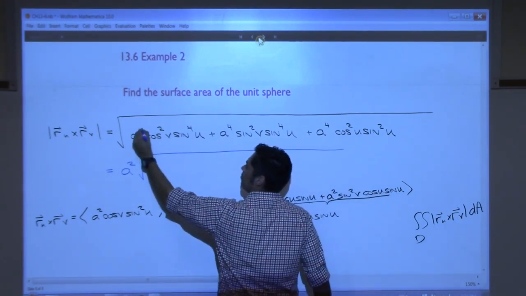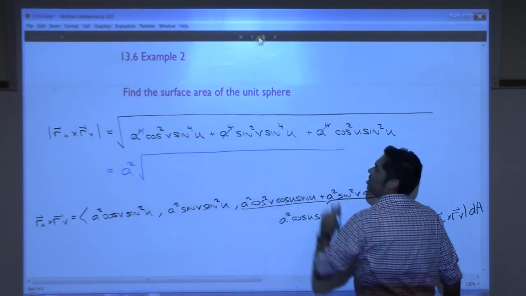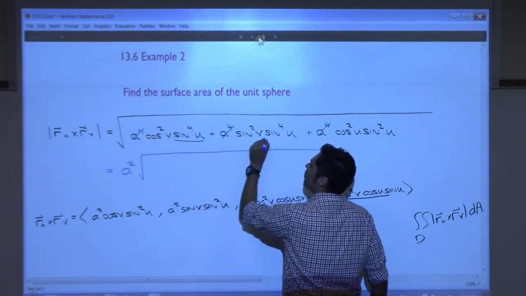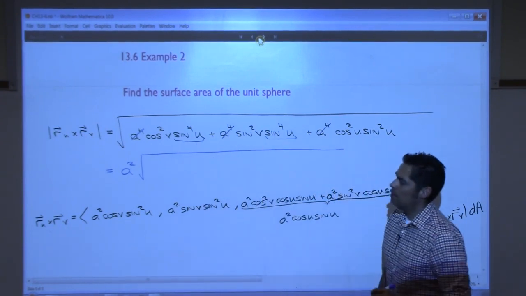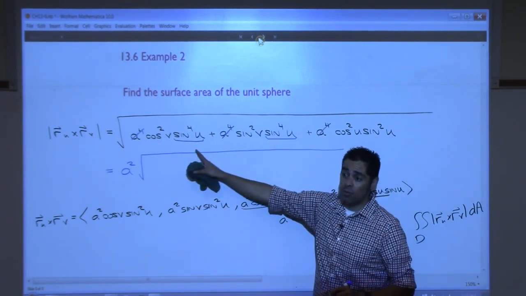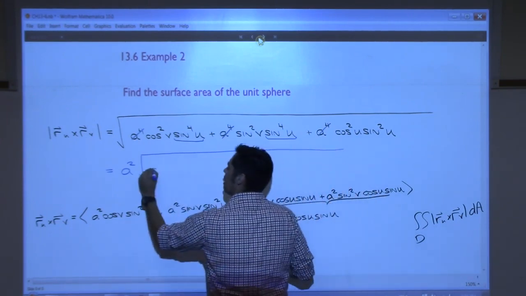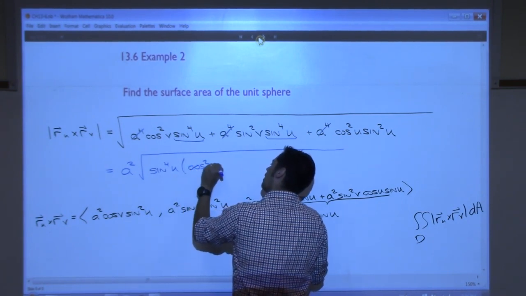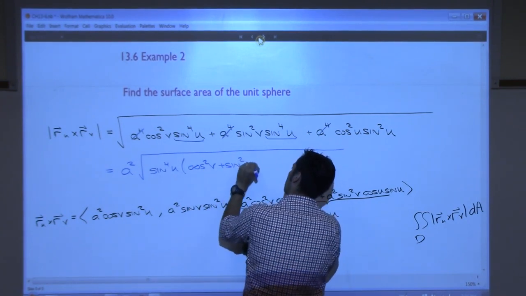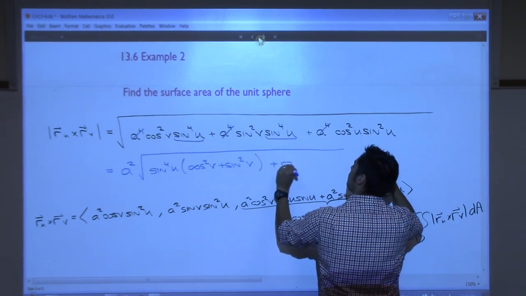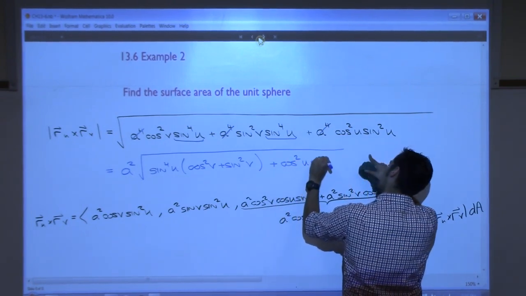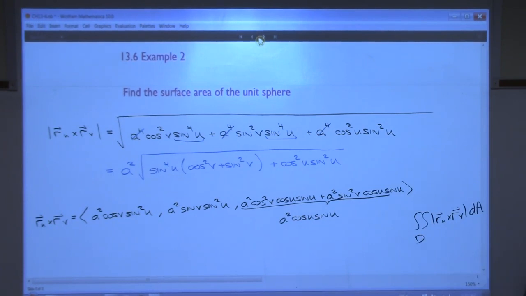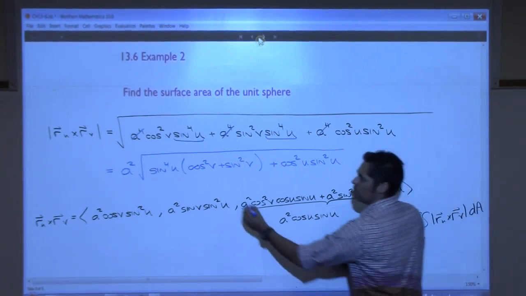Then, I'm ignoring those now, okay? On these two, I have sine to the fourth u, sine to the fourth u. Just pull that out of those two only. And I'll have sine to the fourth u times cosine squared v plus sine squared v. And then over here I have plus cosine squared u sine squared u. Right? Which this turns into a 1.